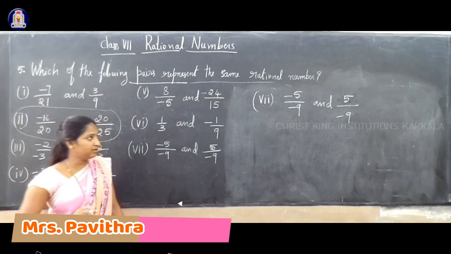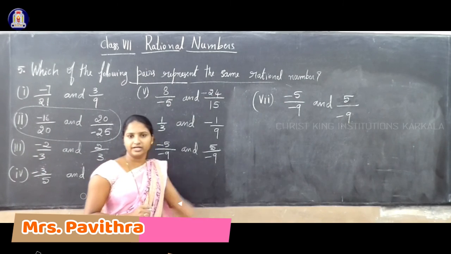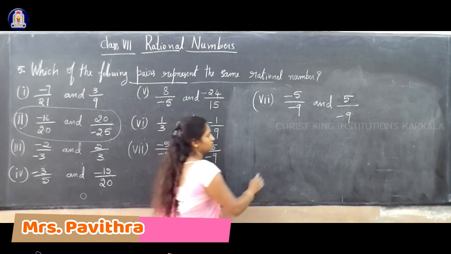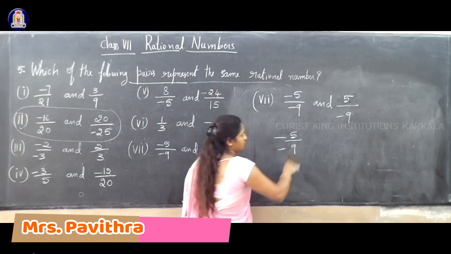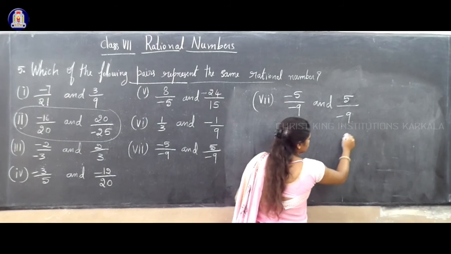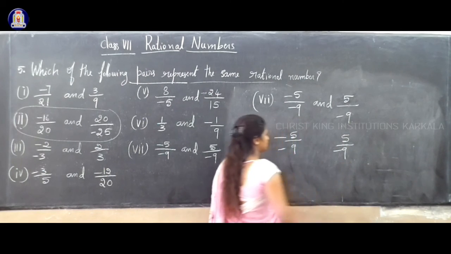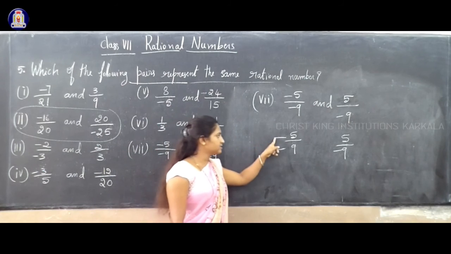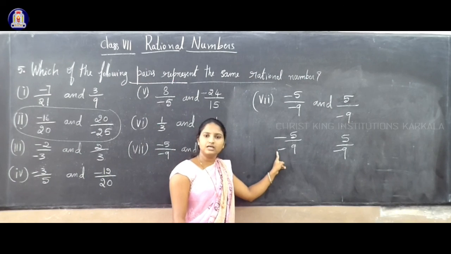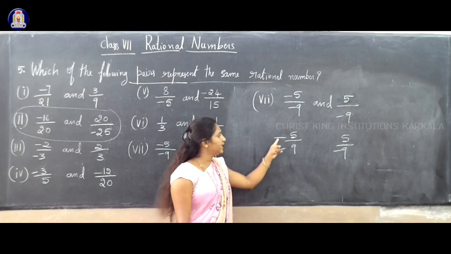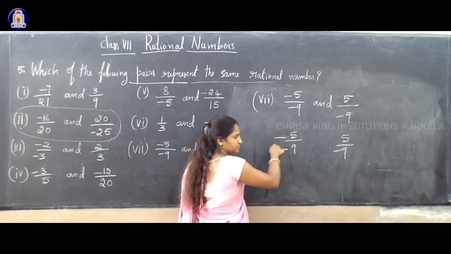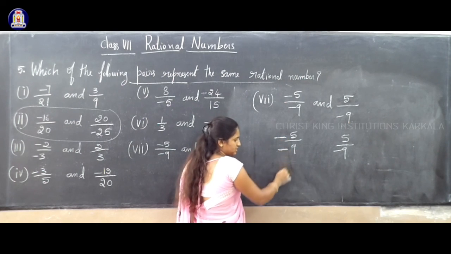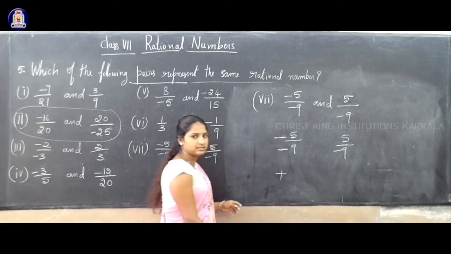Is there any table that divides both numerator and denominator? No. So write both numbers as they are. Minus 5 by minus 9 and here plus 5 by minus 9. See the sign: it is minus in the numerator and the denominator is also minus. Minus minus cancels, the same sign gives plus.